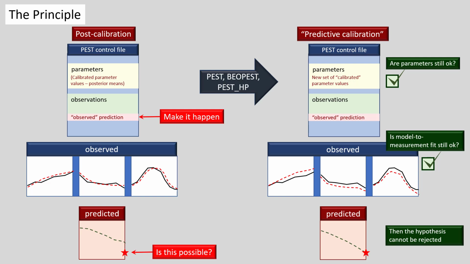In practice, it's almost always possible to achieve a case in which the bad thing will happen. So PEST will search for any possible combination of parameters in which the bad thing will happen. However, an outcome of this is that you will find what conditions or what parameter values have to exist in order for the bad thing to happen, which can be useful to then explore what new data you need to collect, or what new observations you need to collect, to start to reject this hypothesis.